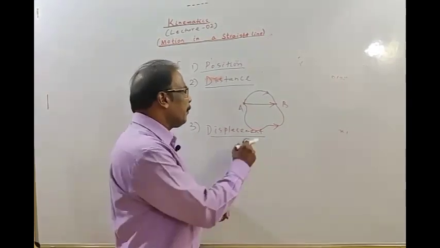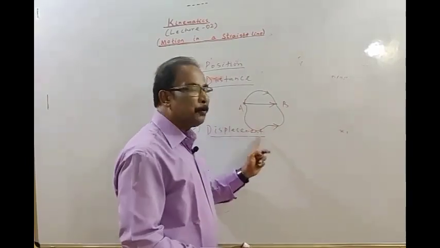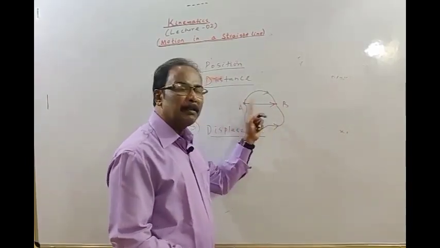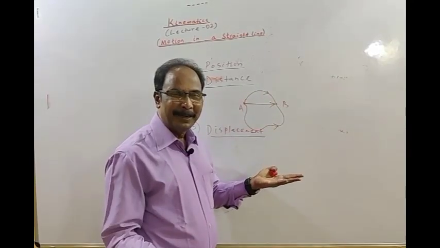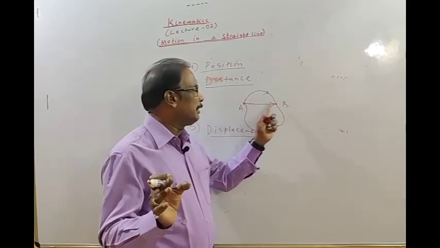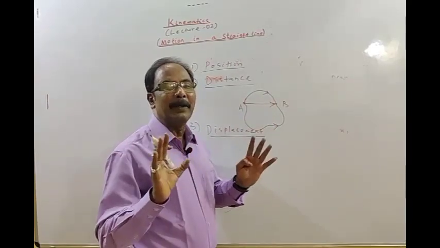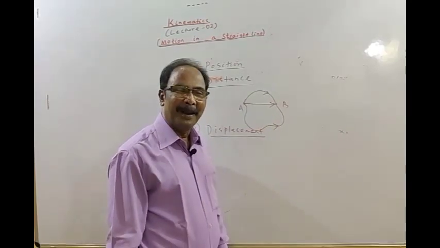If a body actually moved along this path from A to B, then displacement is along the straight line directly from A to B. So whatever the path followed by the body, displacement is always along a straight line directed from initial to final position.